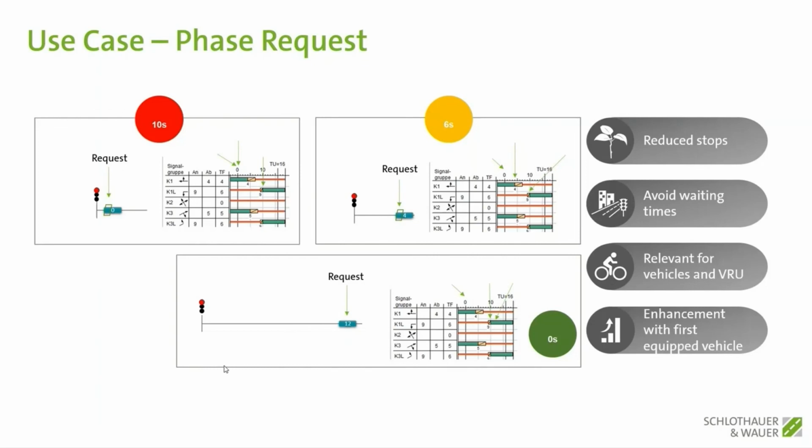But for example, if this vehicle has 12 seconds of estimated time of arrival, but the approach is congested, maybe those 12 seconds will be more.